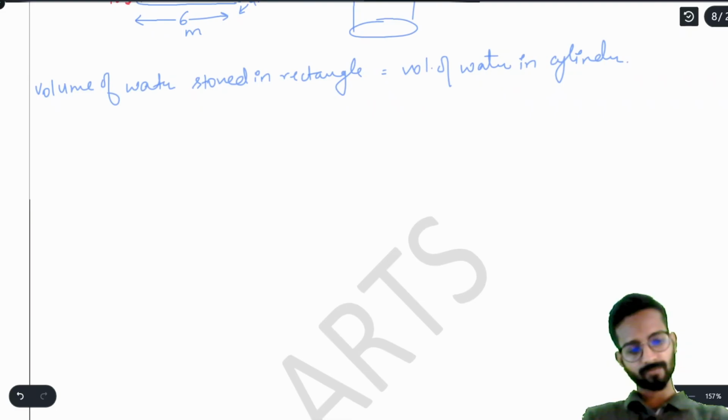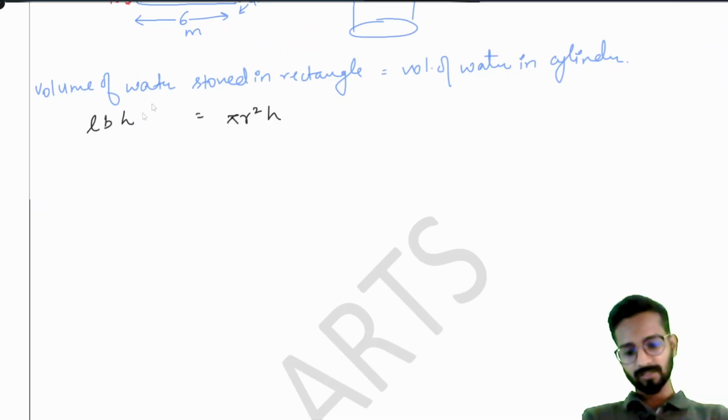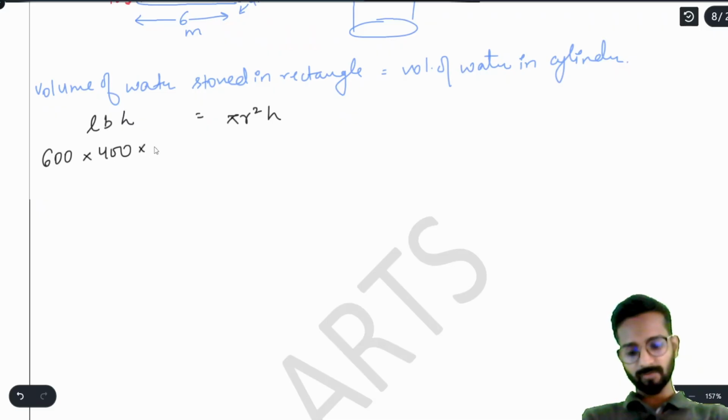So you can say volume of water stored in that will be length into breadth into height, because that was in the form of cuboid. In cylindrical it will be pi r square h. So length into breadth will be, see, it is 6 meters, you will convert into centimeter, 600, breadth will be 400, height will be 1 centimeter only, because height is 1 centimeter only given.